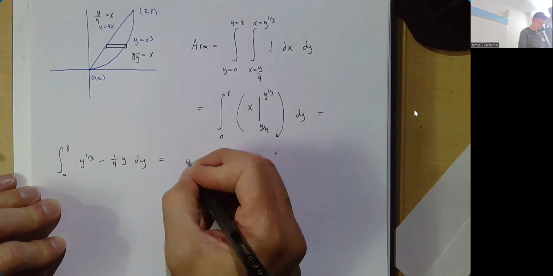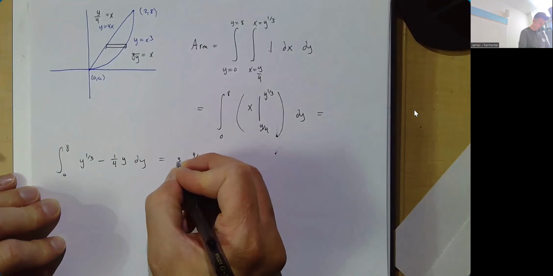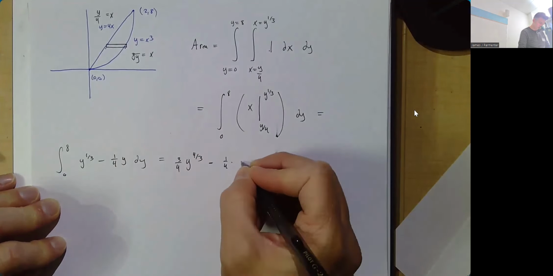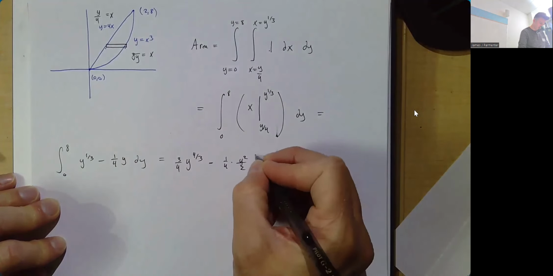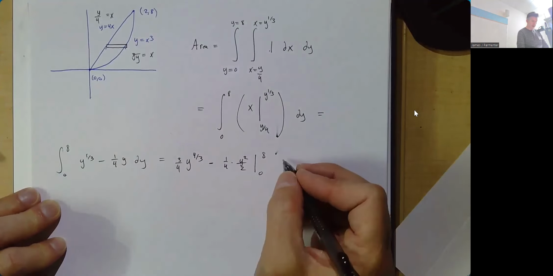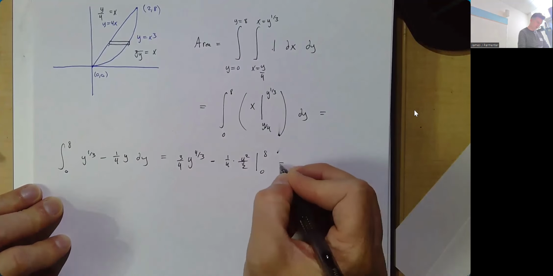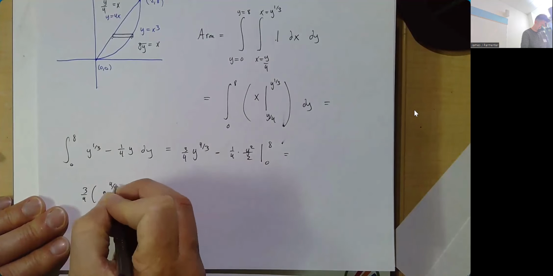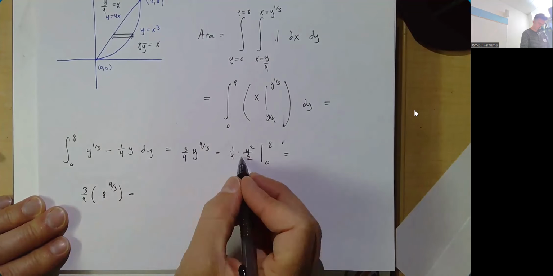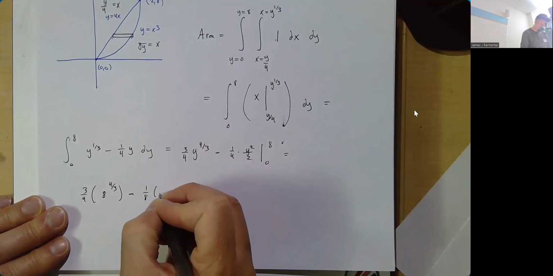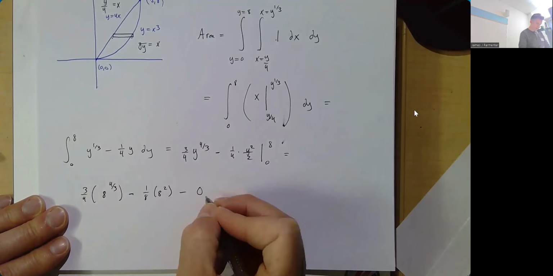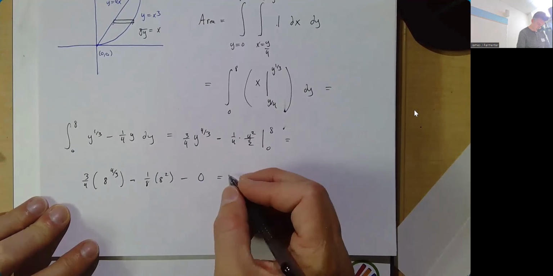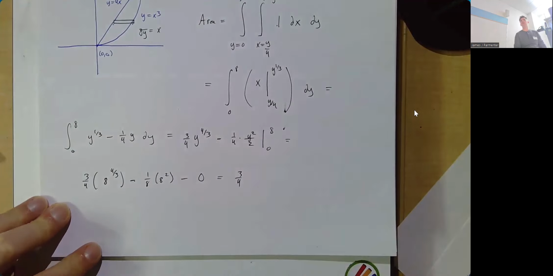Anti-differentiate, you get y to the 4/3 divided by 4/3, or multiplied by 3/4, minus 1/4 times y squared over 2, from 0 to 8. Not feeling confident this will come out the same, but it should anyway. So you get 3/4 times 8 to the 4/3 minus, let's make that a 1/8 times 8 squared, minus 0. What is 8 to the 4/3?